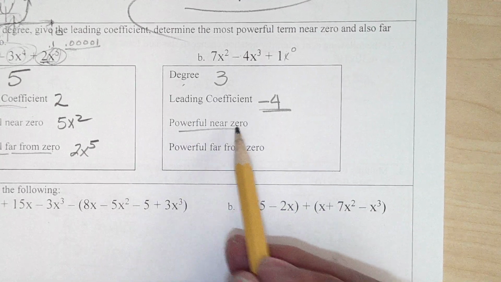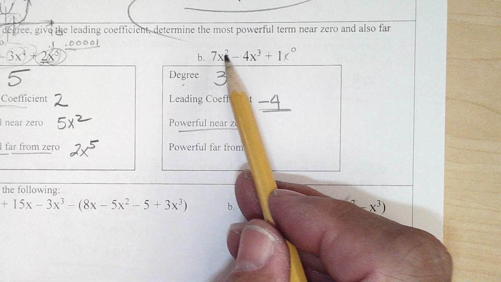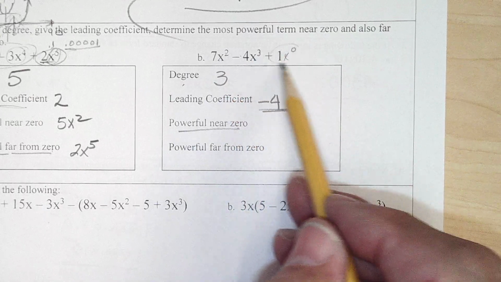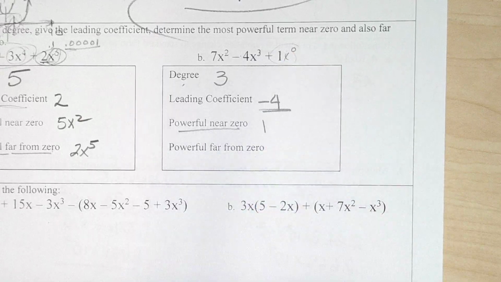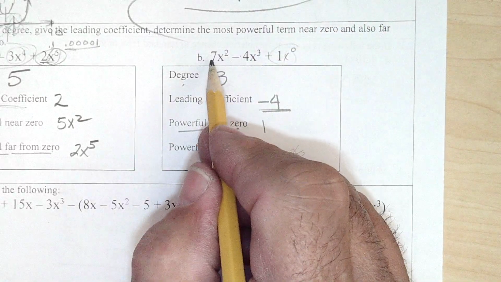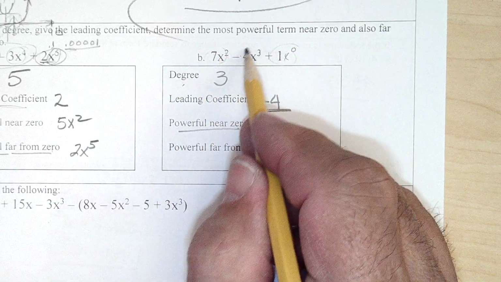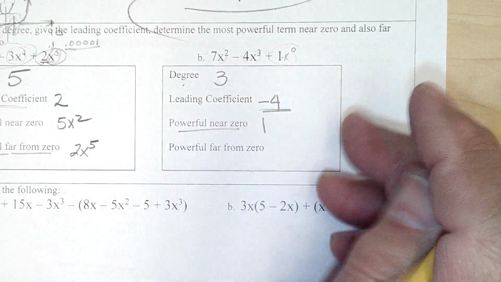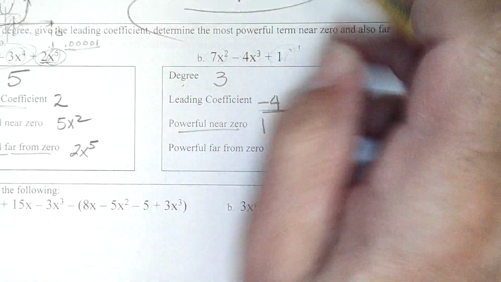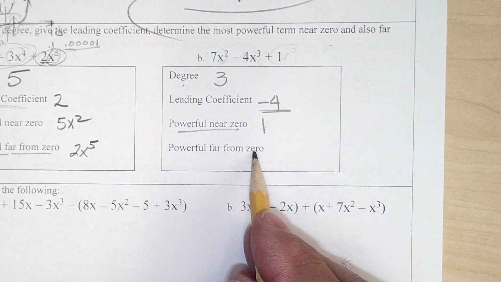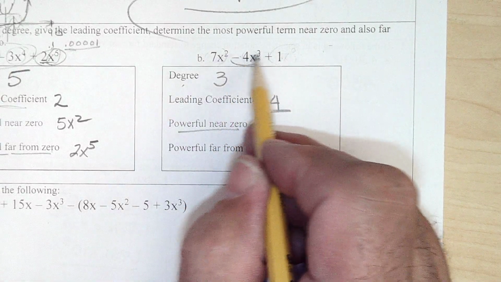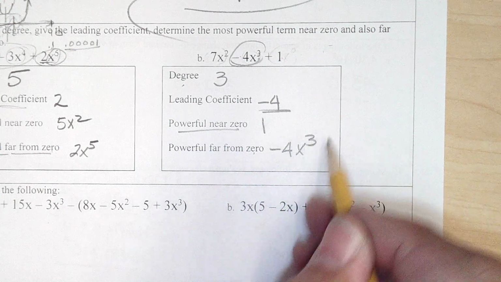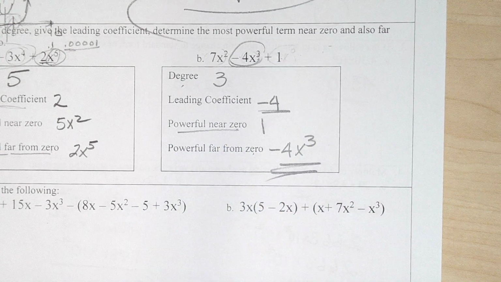The power near zero is the one with the least exponent, which is this one, that 1. At 0, this is 0, that's 0, and that's 1. And far from 0, the one with the highest power controls, so it's -4x to the third. That's the one that controls what's going on.